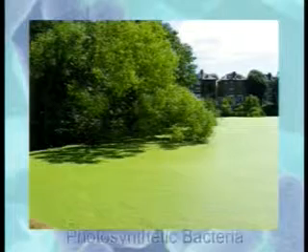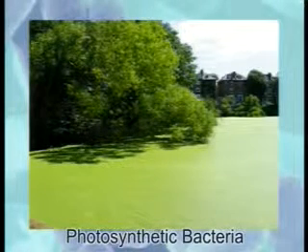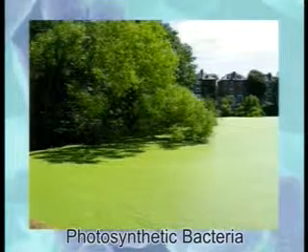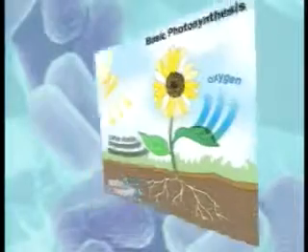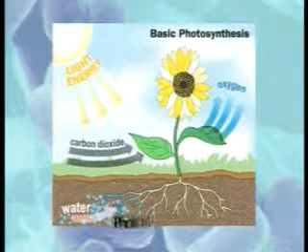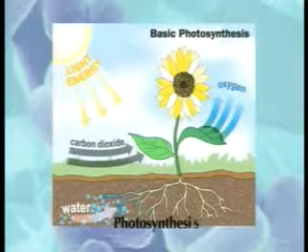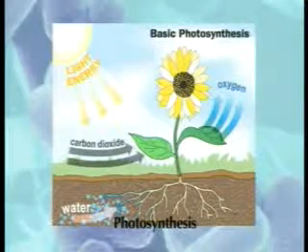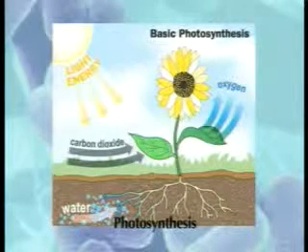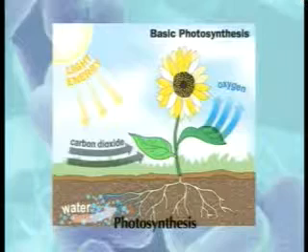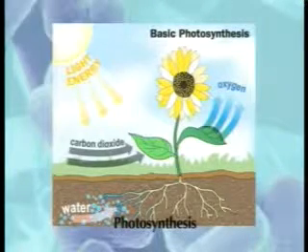First of all, photosynthetic bacteria. These are also known as photoautotrophic or photolithotrophic bacteria. Like higher plants, they are capable of converting radiant energy into chemical energy and have CO2, I mean carbon dioxide, as their carbon source.